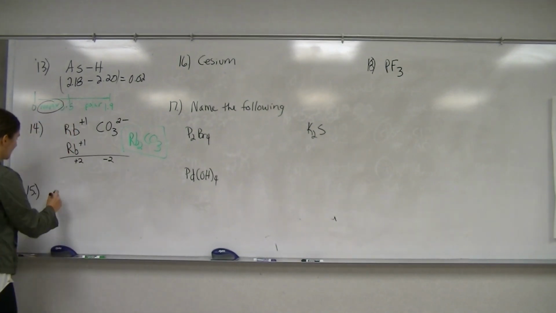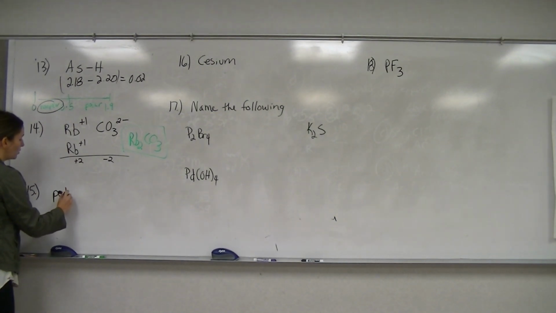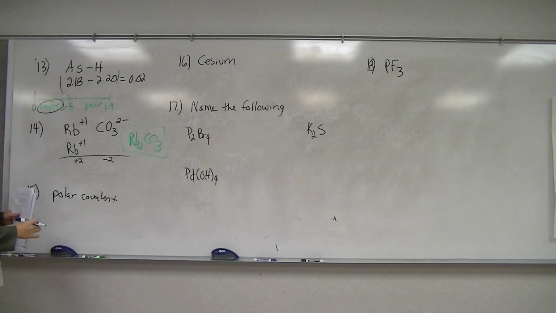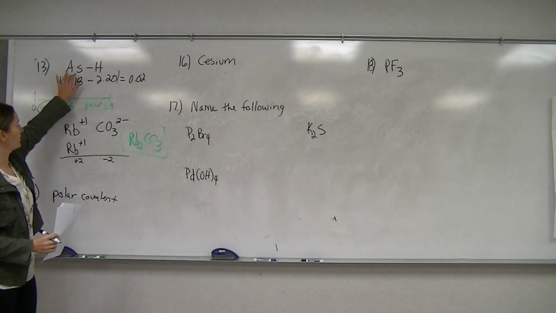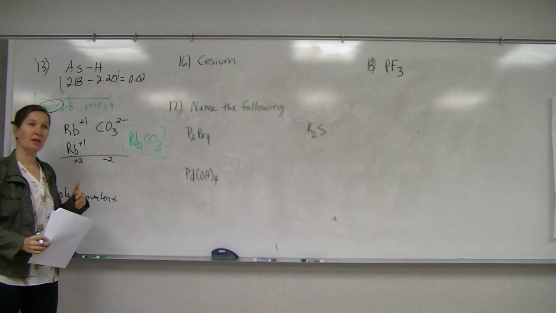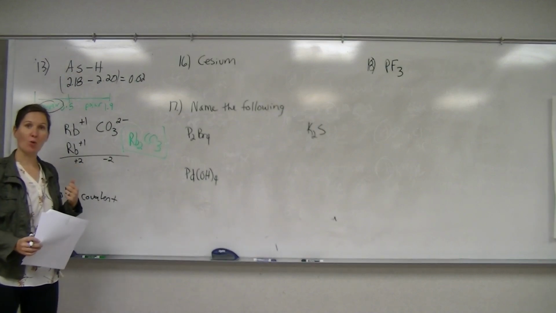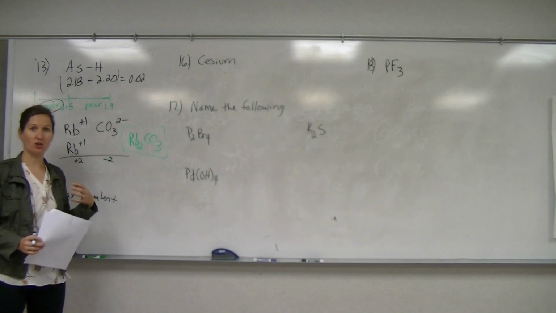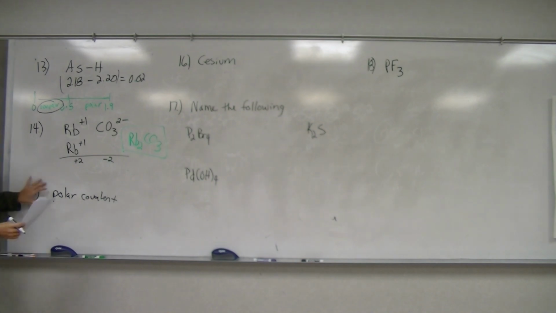So unequal is polar covalent, because that occurs when we have one atom in the bond much more electronegative than the other, meaning that it wants those electrons more, so it's not going to share those electrons equally. It's going to have a partially negative charge on it. So that would be polar covalent.